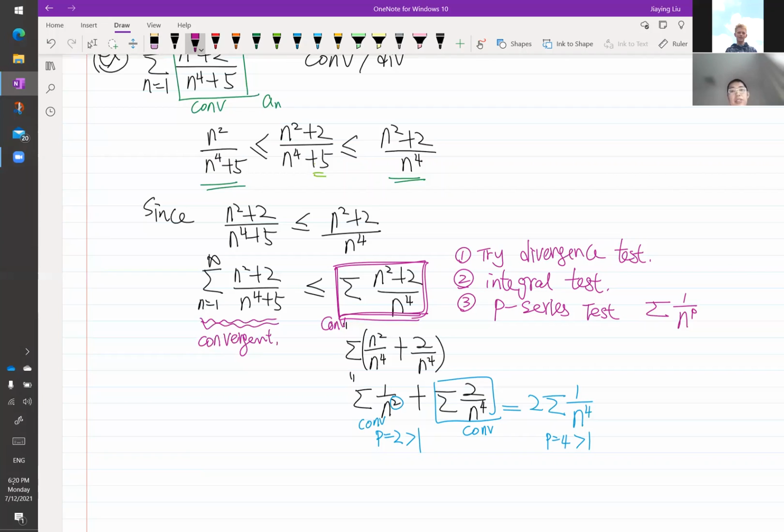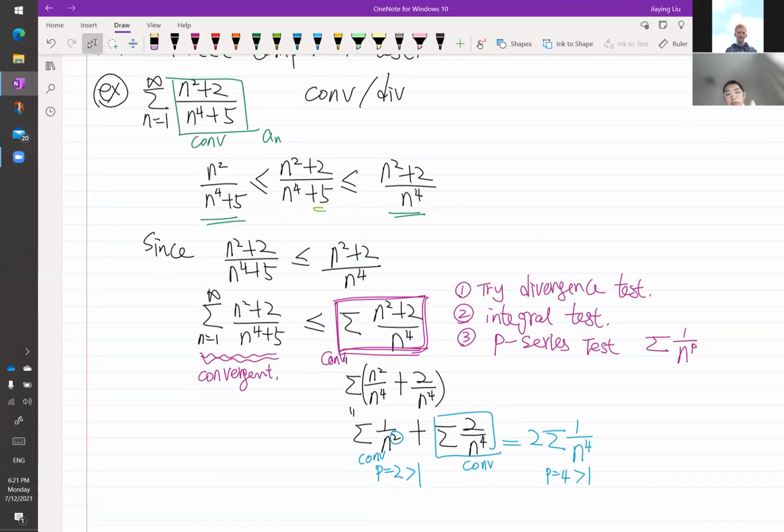That's a comparison test. We used the comparison test to begin with, but at some point, for the series that we can find easily, we used the P-series test twice to determine if it's convergent or not.